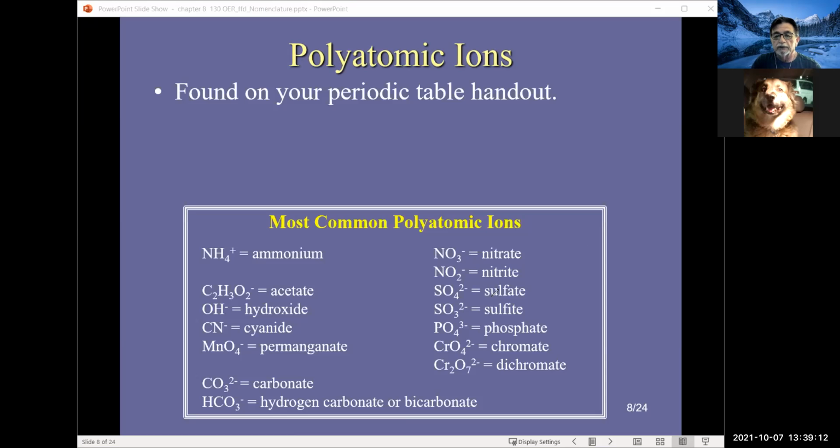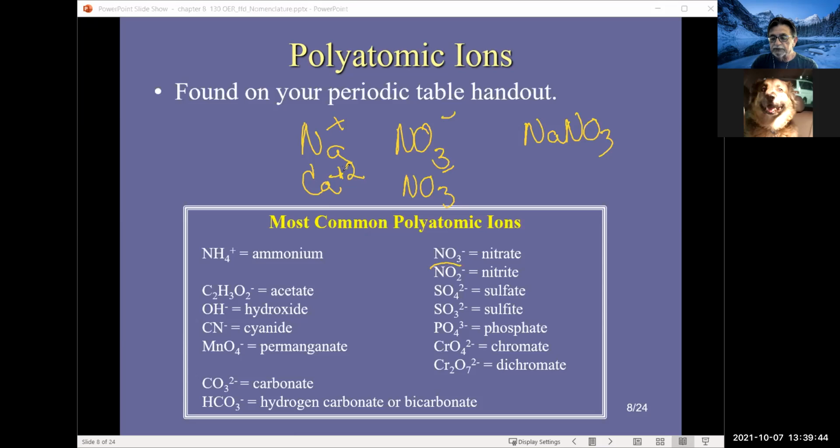For example, let's write sodium nitrate. We know sodium is a +1, and we're going to take nitrate, which has a -1. We combine these two to make sodium nitrate. Notice I only need one. Now, if I take calcium, we know it has a +2 since it's in group 2, and we utilize nitrate, which has a -1.